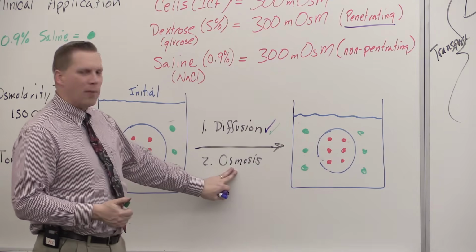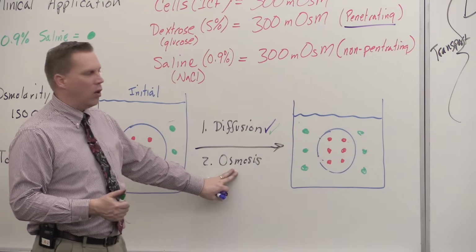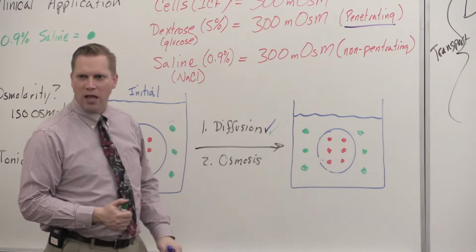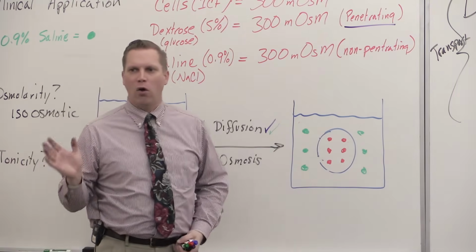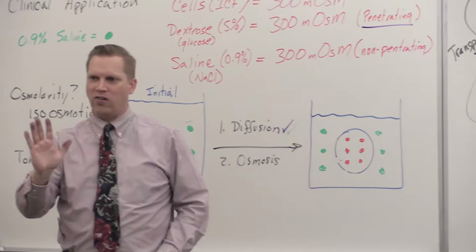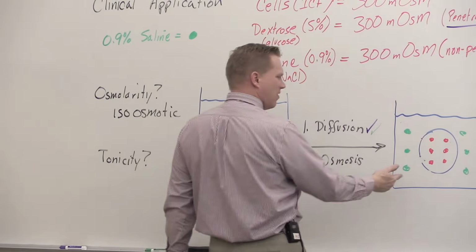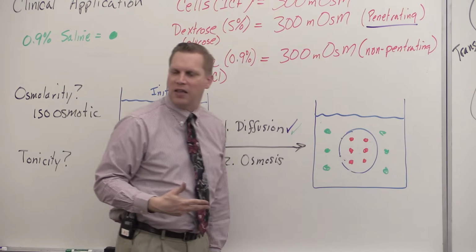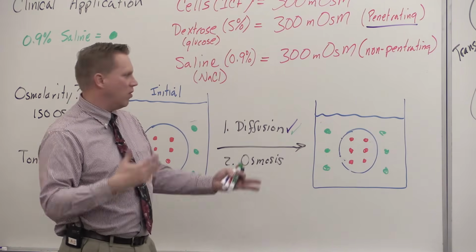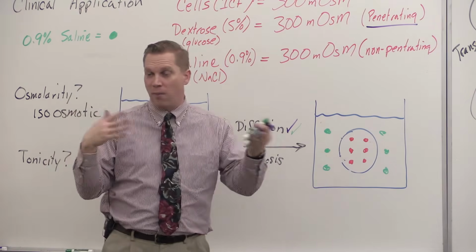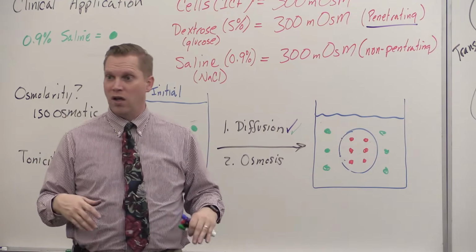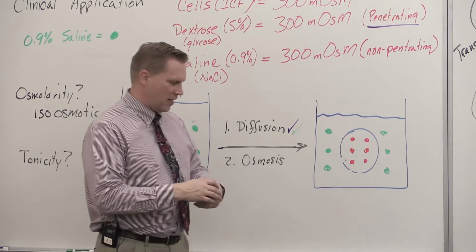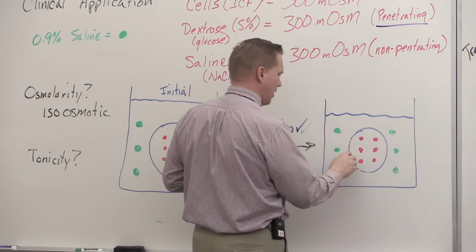Now, how about osmosis? Will water flow in one direction or the other? Remember, water will always flow toward the higher concentration of solutes. We've got 6 solutes on the outside in the ECF. We've got 6 solutes on the inside in the ICF. And so there's actually the same number of solutes after diffusion. And so osmosis has no effect in this case.